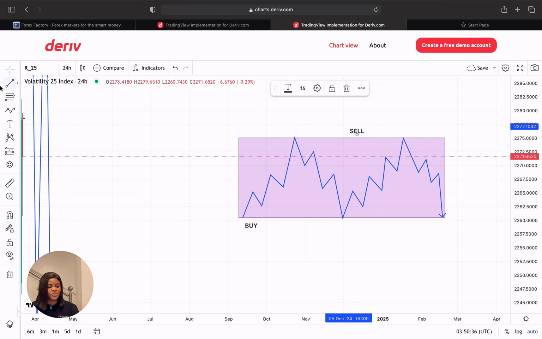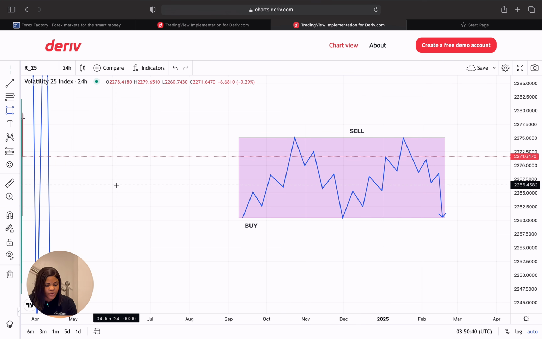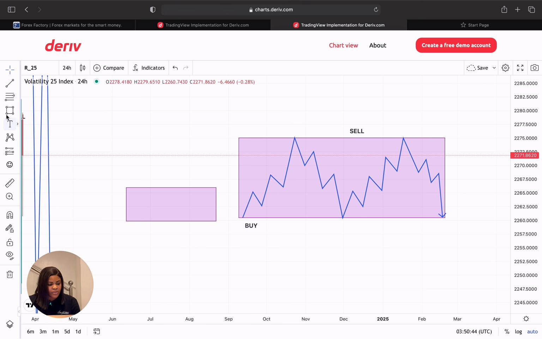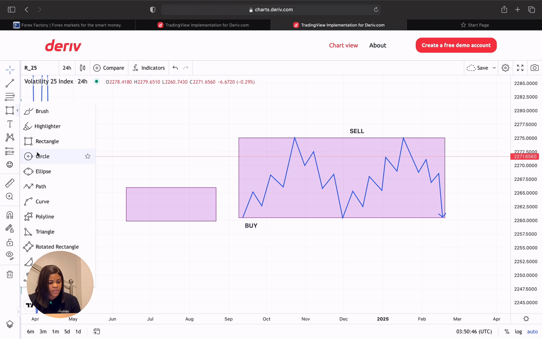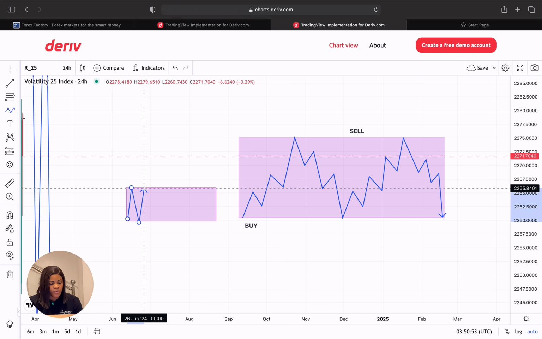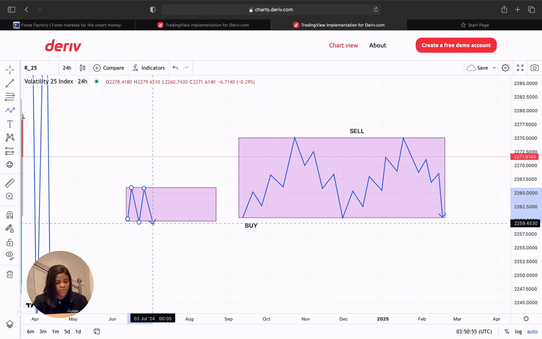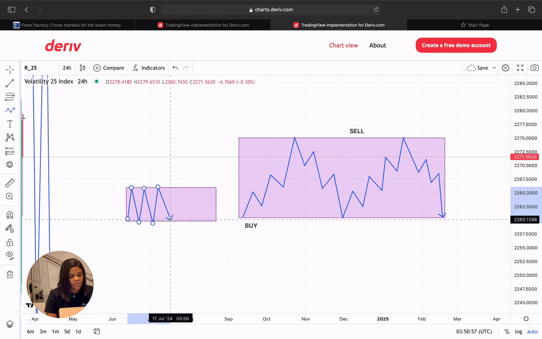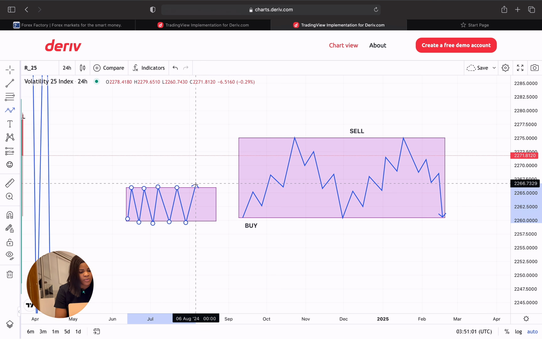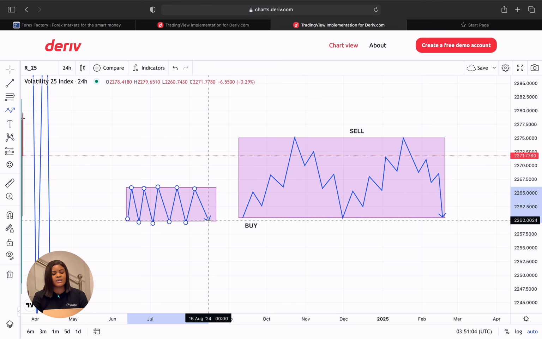Are you with me? So apparently the market is just moving up and down in a confined area. Like you're just literally going up, down, up, down, up, down, like that.